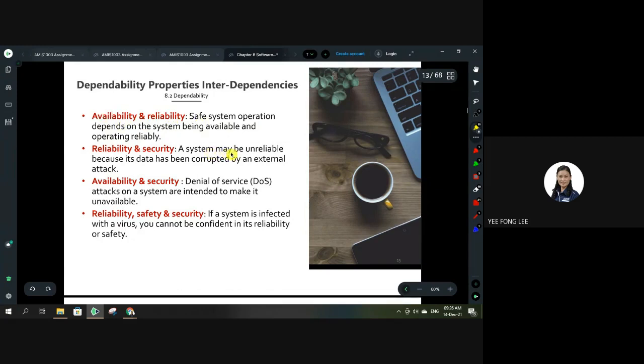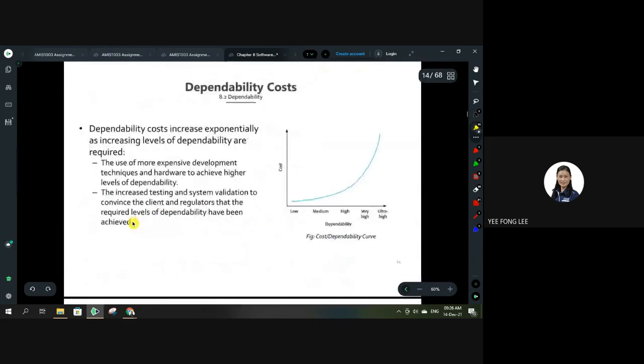A system may be unreliable because the data has been corrupted by an external attack. The external attack here refers to security. So you can see the dependability properties are interdependent, meaning they are related to one another. Next slide.